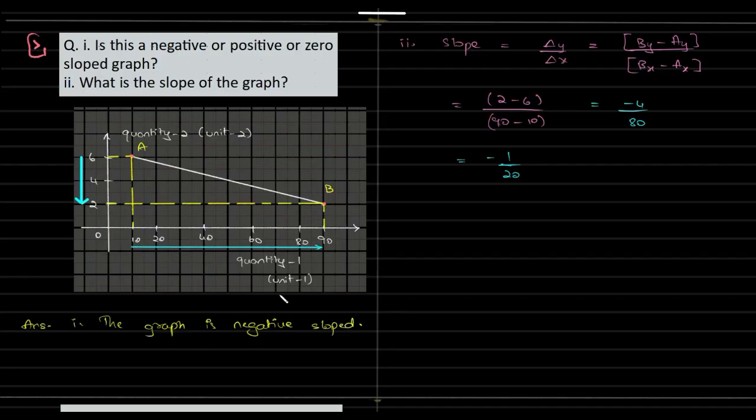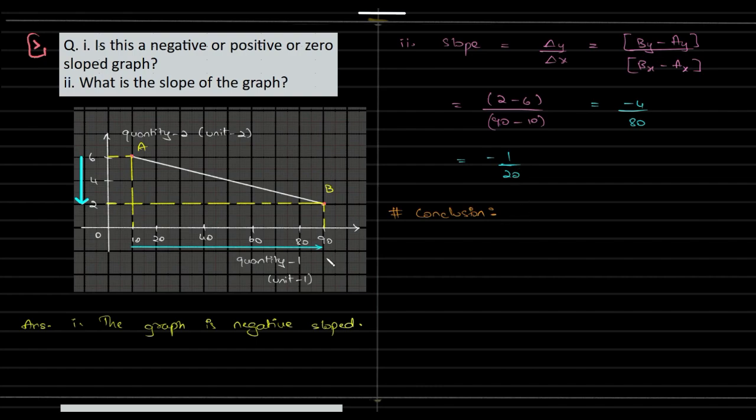So this you can clearly see is a negative slope graph and we have a value of 1 by 20. Okay, now what is the meaning of this? What can you conclude? For every shift along x-axis by amount of 20, there is a decrease of y-axis by 1 unit.